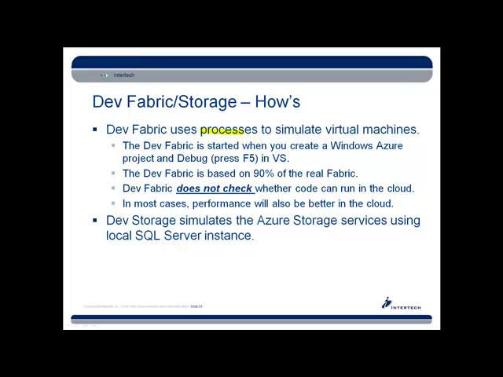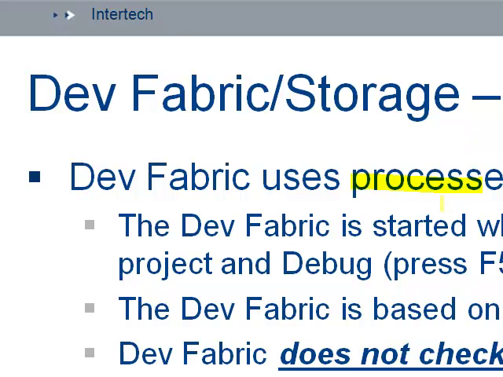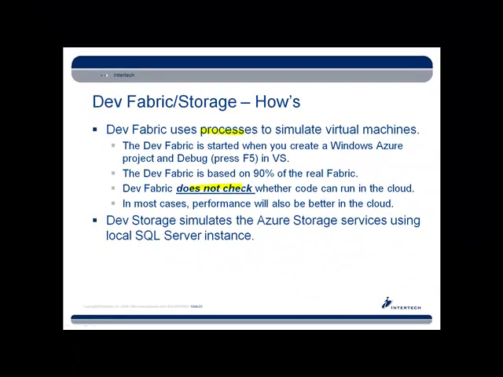Also, and importantly, the Dev Fabric isn't going to check whether or not your code will actually run in the cloud. What do I mean by that? Your application running in your development environment may be using packages, or communicating with things like processes that do not exist inside of the actual cloud environment.